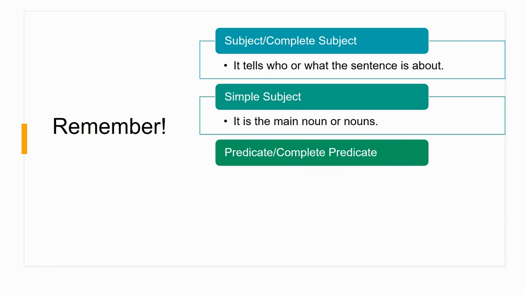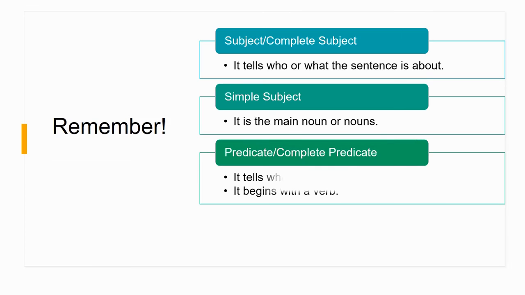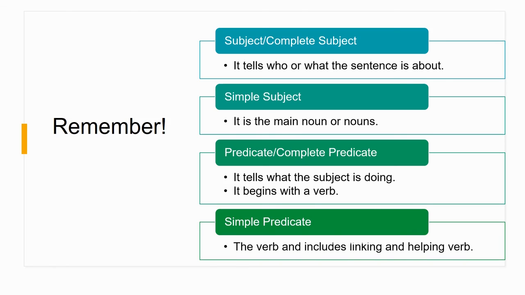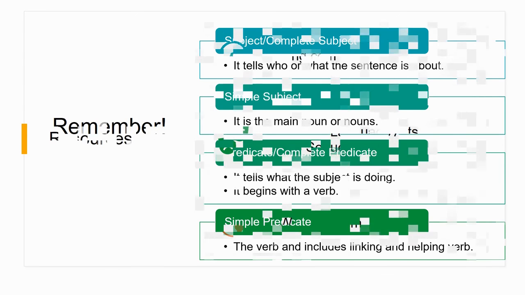The predicate part is also known as the complete predicate. It tells what the subject is doing, and in most cases, it begins with a verb. Finally, the simple predicate. This is the verb, and it includes the linking verb or the helping verb.